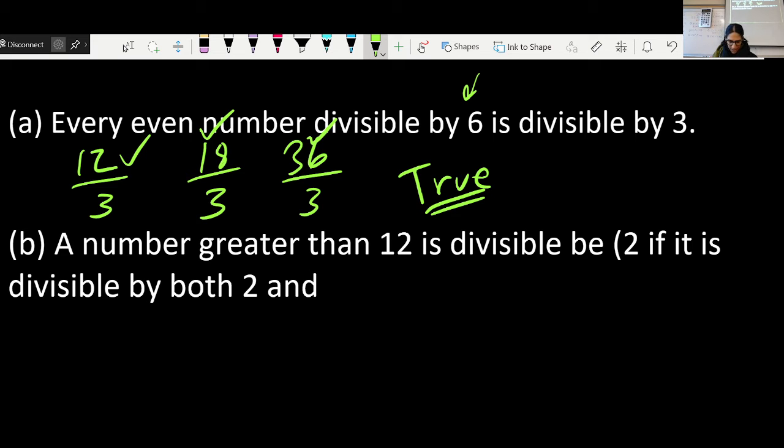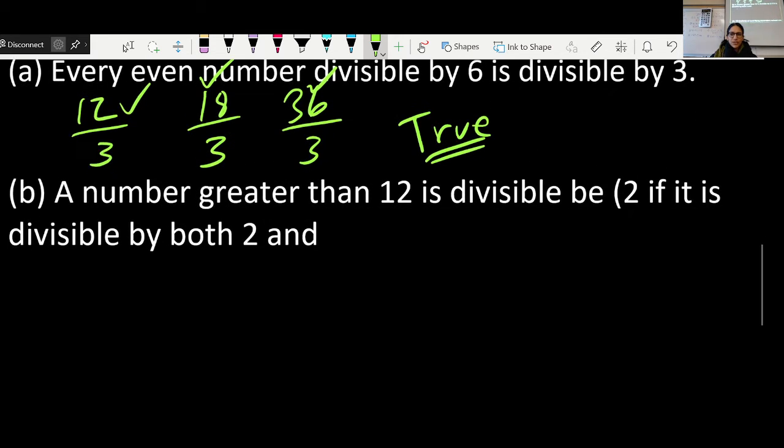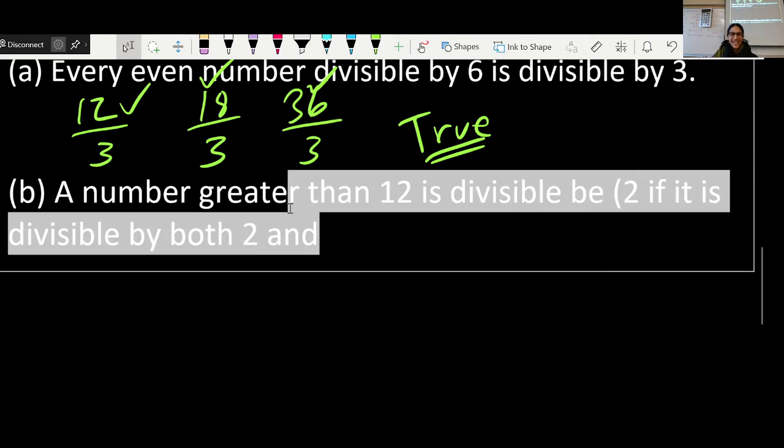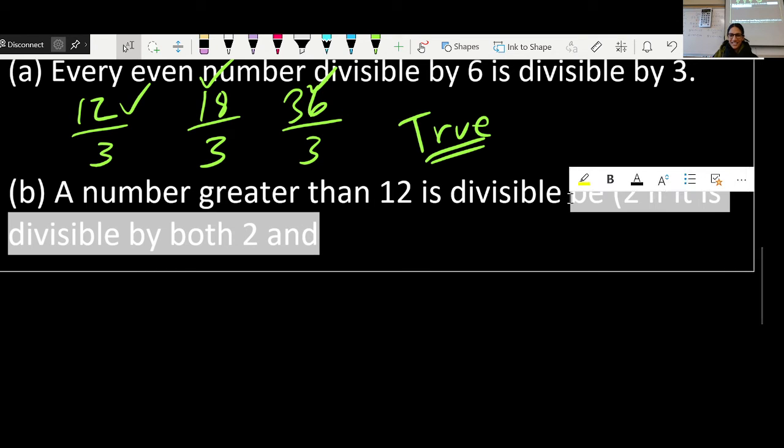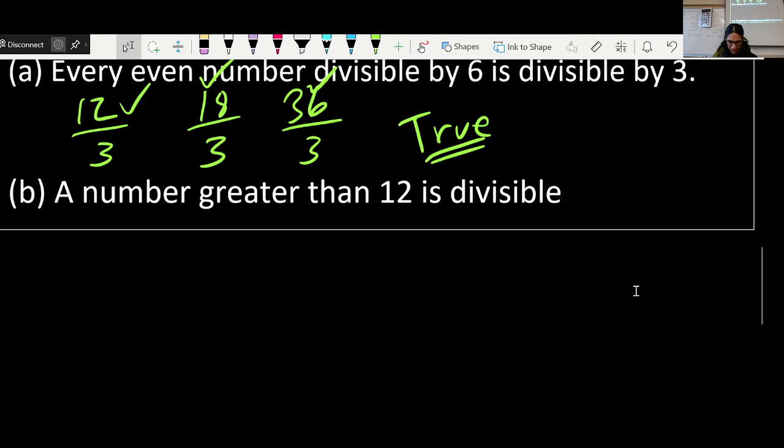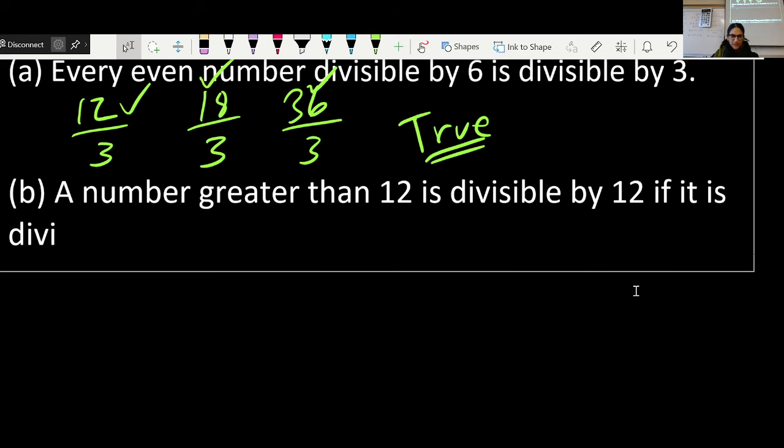Okay. A number greater than 12 is divisible by 12. Wait, what? This sentence makes no sense at all. I am going to redo this. A number greater than 12 is divisible by 12 if it is divisible by both 2 and 3.